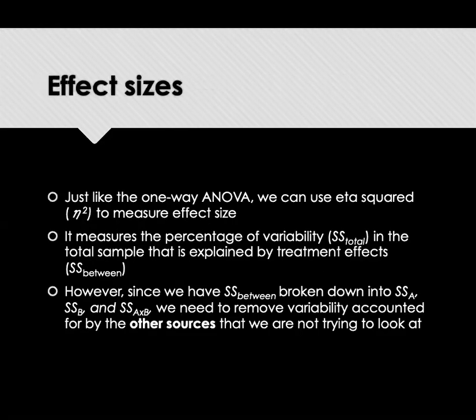Okay, now effect sizes. Hopefully you might have guessed that we were going to have effect sizes, right? Just like t-tests, just like the one-way ANOVA, we can measure effect size. So if we get a significant result and we reject a hypothesis, whether we reject all of them or one of them, we would then want to look at effect size to see just how significantly different the means or the groups or the levels are.